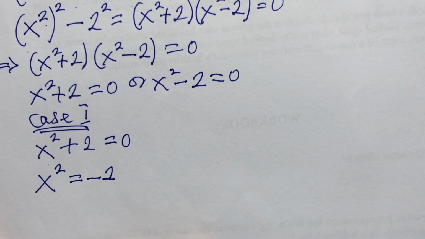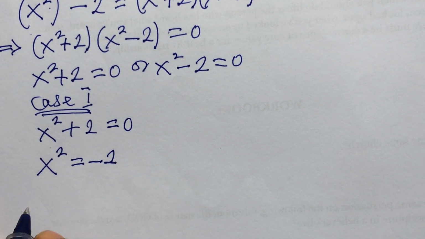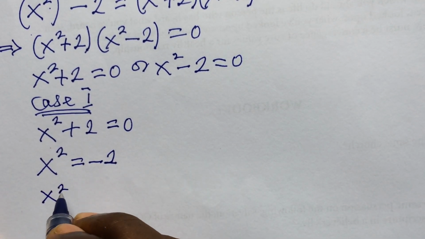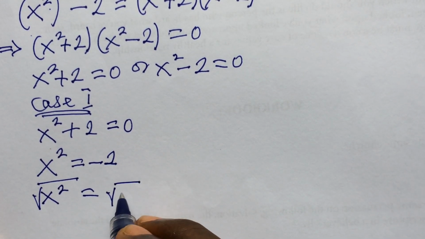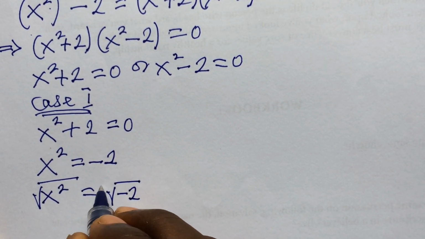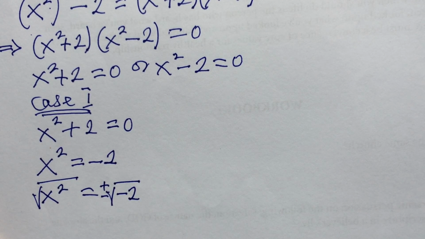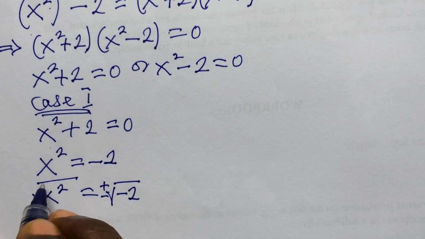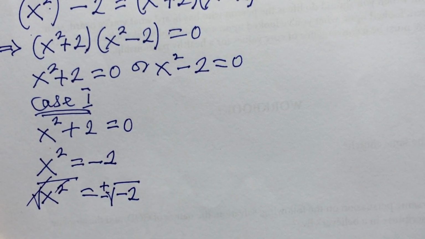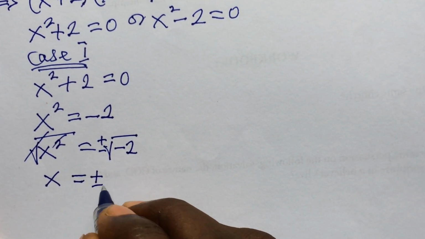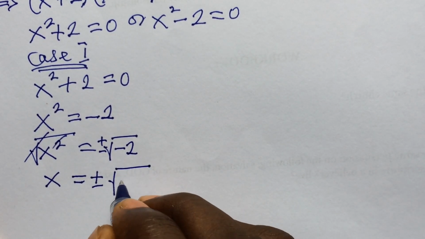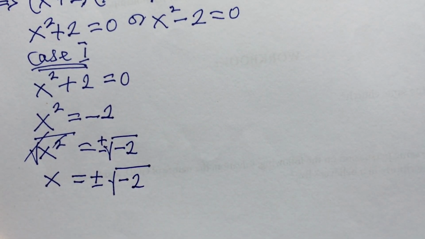What we do here is to take the square root of both sides. So this will give us the square root of x squared equal to the square root of minus 2. And so we introduce plus minus here. And so we have x will now be equal to plus minus the square root of minus 2.